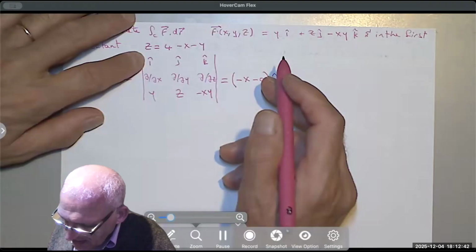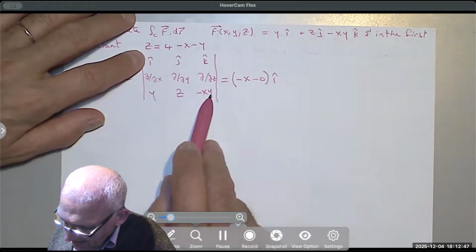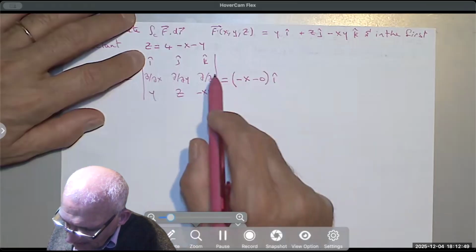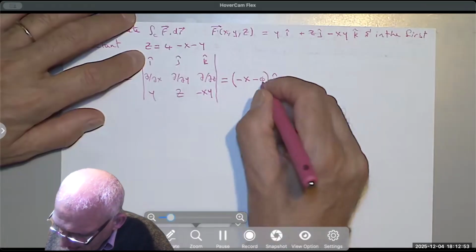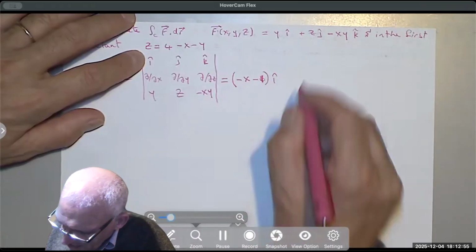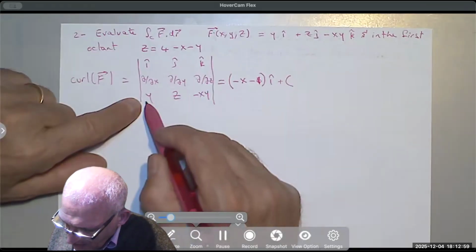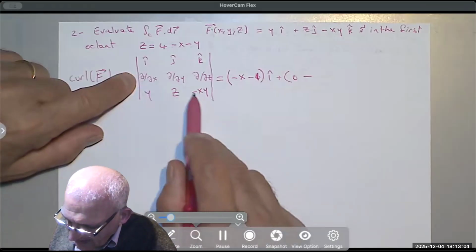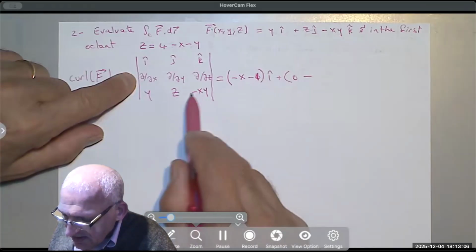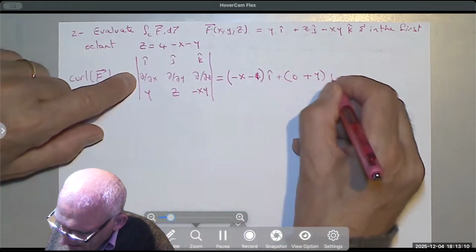Wait a second, I'm sorry, guys. In the i direction, partial y of negative xy is negative x, minus partial z of z, which is 1. So minus 1, not minus 0. In the j direction, you do partial z of y, which is 0, minus partial x of negative xy, which is negative y, but I have a negative, so that becomes yj.